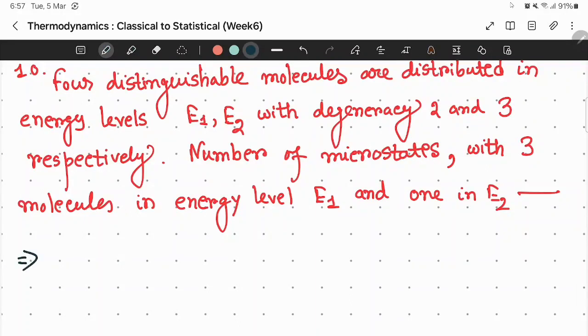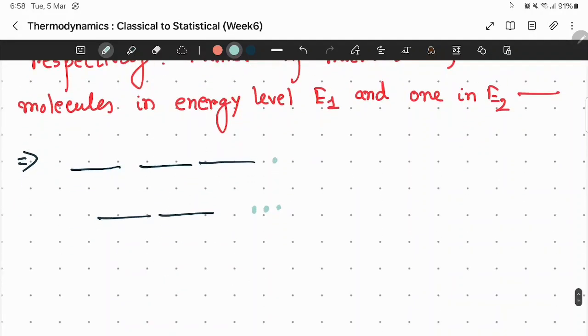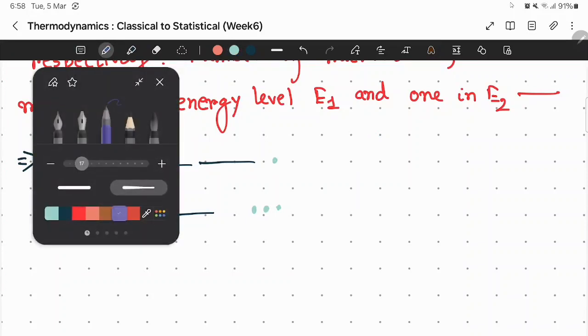First you have to draw E1, E2. E1 has degeneracy 2 and here it is 3. Now we have to find out, okay, 3 particles must be here and 1 particle must be here. So it's easy. Okay, let me do it.